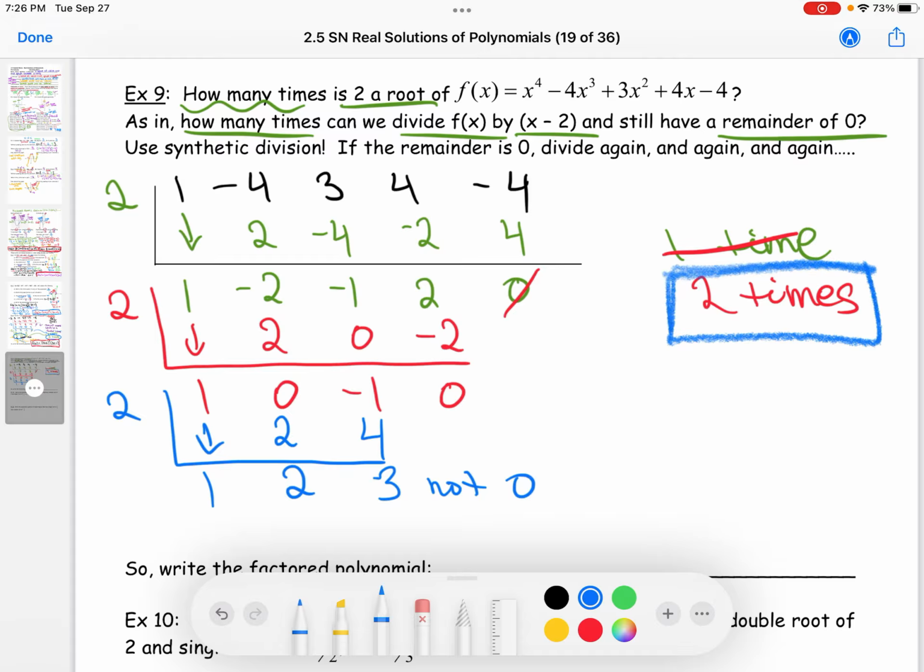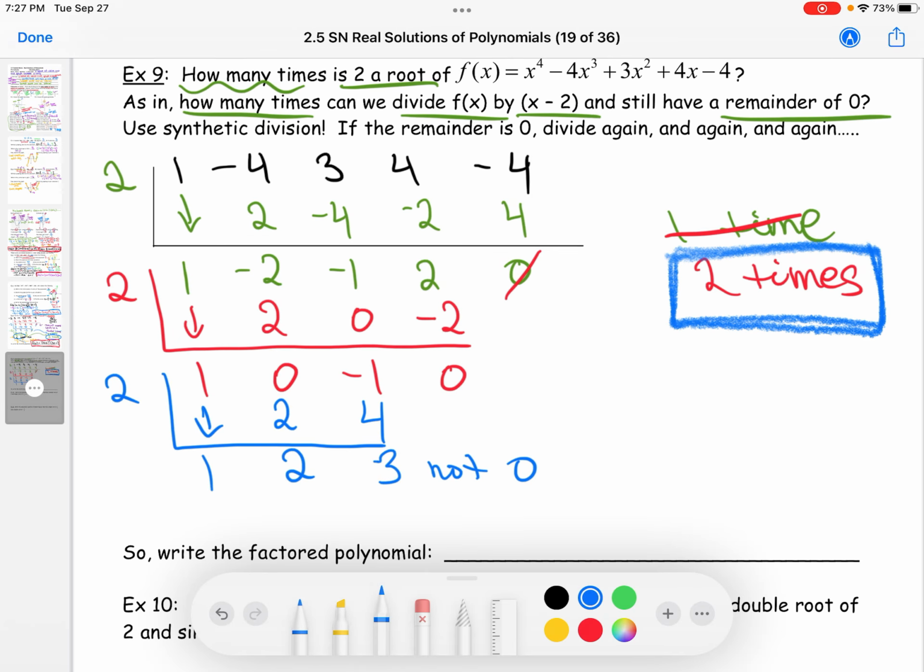So that means 2 times is how many times x minus 2 is a factor. Meaning when we write that problem in factored form, that x minus 2 has a power of 2 on it.